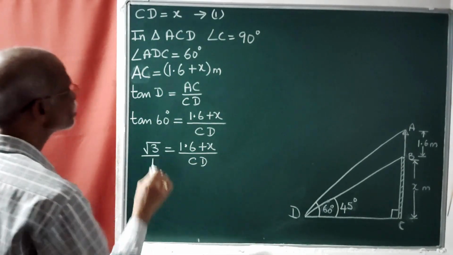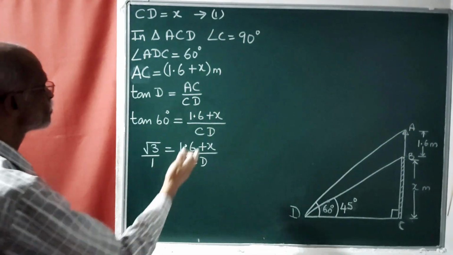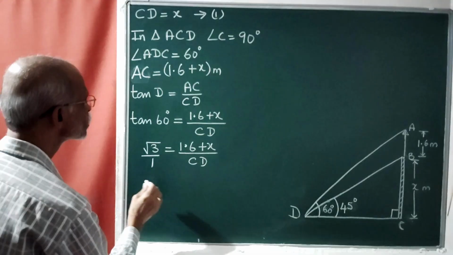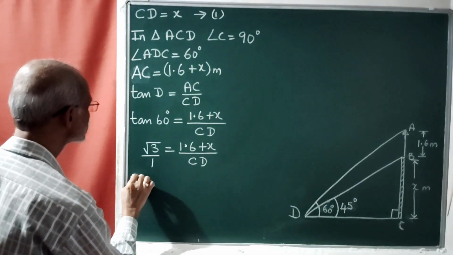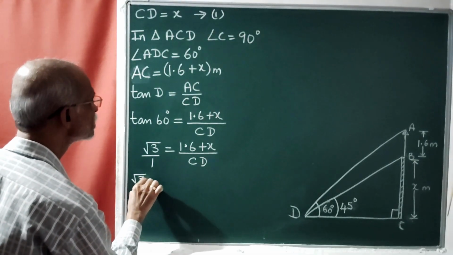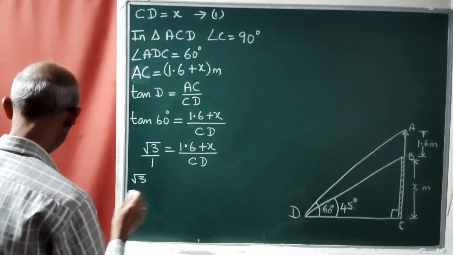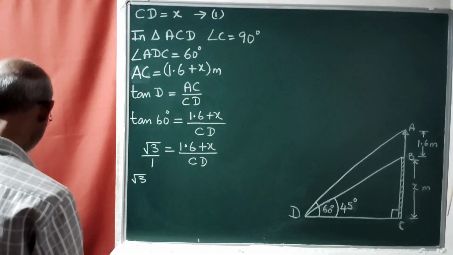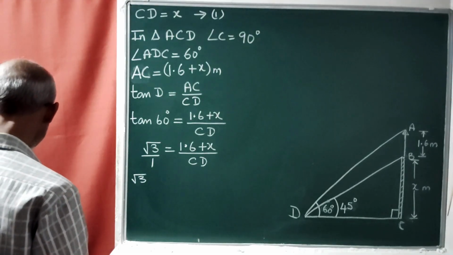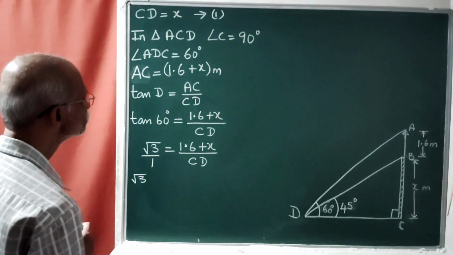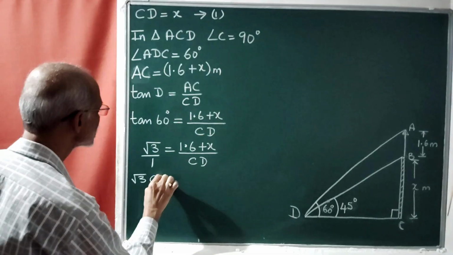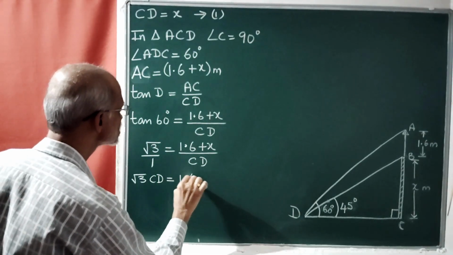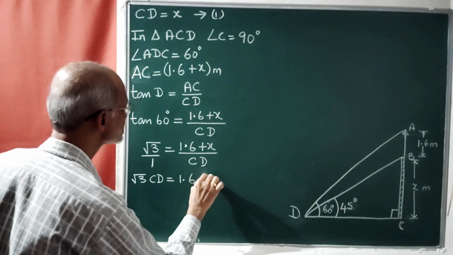Cross multiplying, root 3 CD is equal to 1.6 plus x.